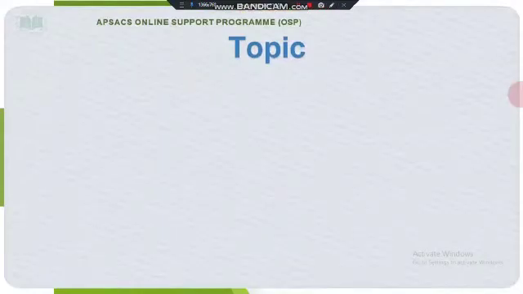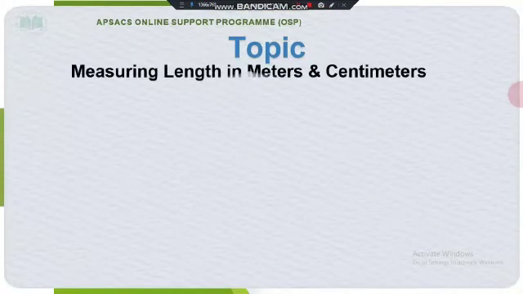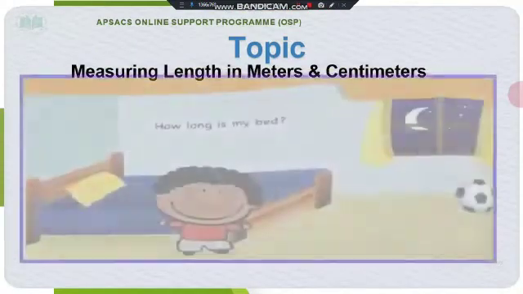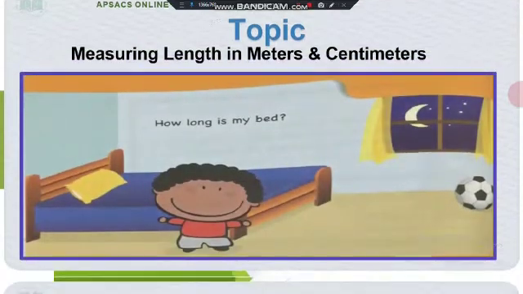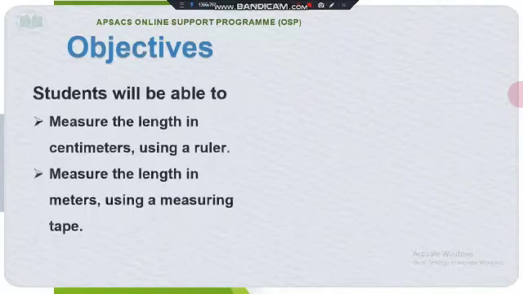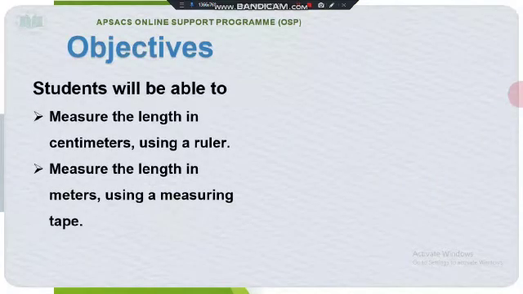Now students, as you know, our topic is measuring length in meters and centimeters. So I am going to share the objectives with you. You will be able to measure the length in centimeters by using a ruler, and you will be able to measure the length in meters by using a measuring tape.